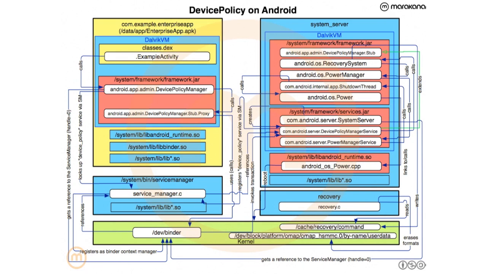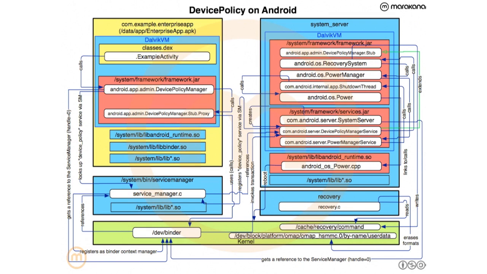What sort of control? Basically, an enterprise application that is granted device admin capabilities could wipe your device, lock your device, change the password on your device, change the password rules on your device, request that you encrypt your device, disable the camera on your device, and a few other things. Quite a bit of control.